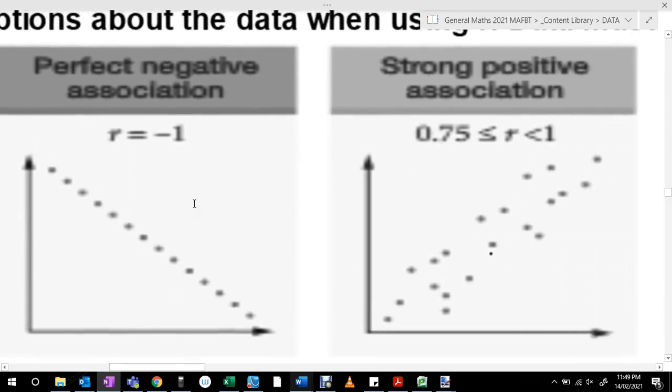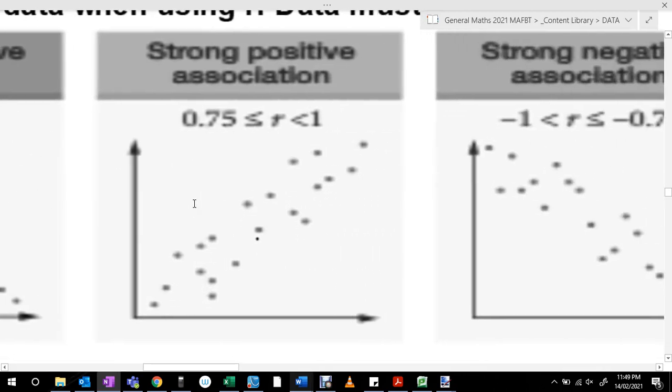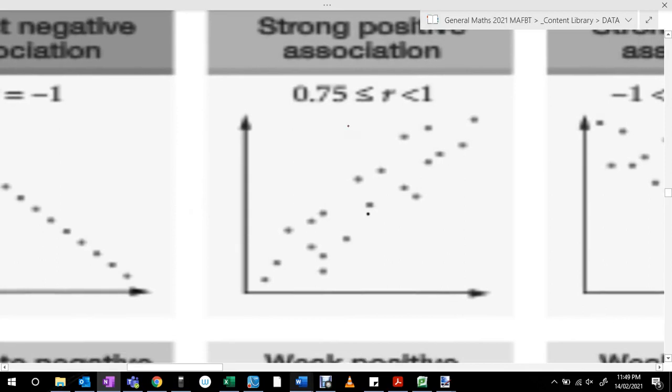Okay, this graph here, interestingly, now you can see when you start to have decimals for R values, the dots look a little bit more scattered. Okay, so this graph here will have an R value between 0.75 and 1.